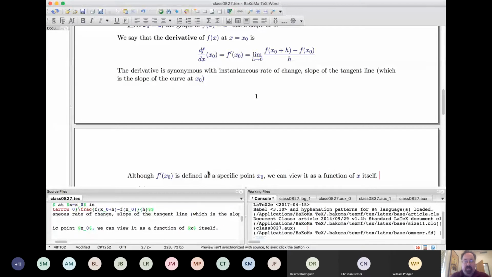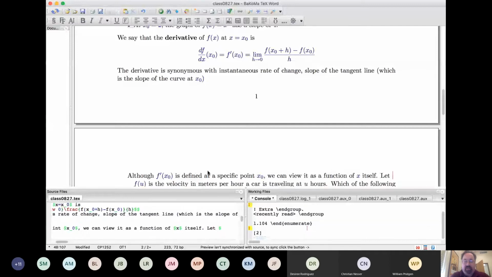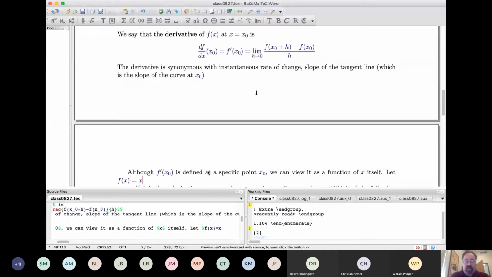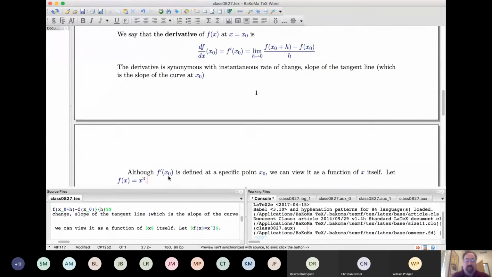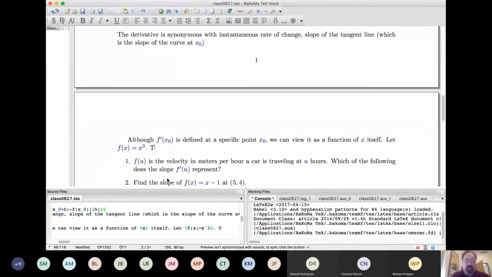So to show you what I mean by that, if I again let f of x equal, actually I'll make it something different. I'll choose x cubed. So here I'm not going to pick a specific x naught. I'm going to let x remain a variable.